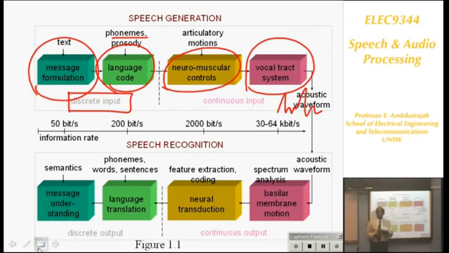And that speech waveform, if you sample it using an A to D converter here, you will find it's something like 64 kilobits per second. That's the normal bit rate. That means 8 bits per sample, 8 kilohertz sampling rate; 8 times 8 is 64 kilobits per second. And that's available here as a discrete time waveform.